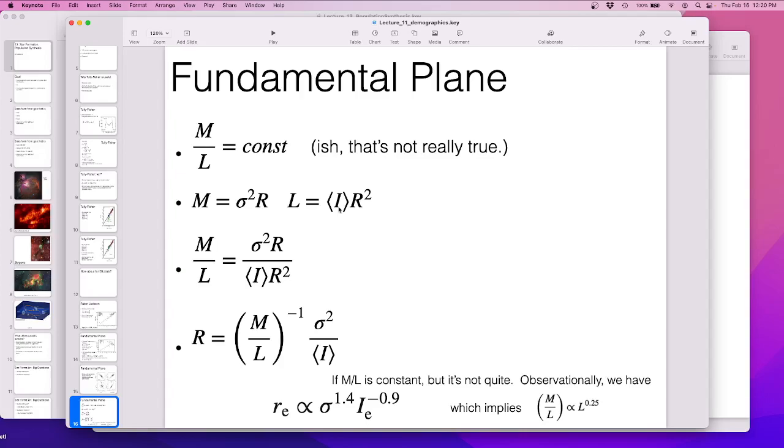G is a number, it's got to be there, whatever. Put the G in so that the units work. So mass is proportional to the velocity dispersion times the radius. So the mass to light is going to be sigma squared r divided by the average surface brightness times r squared.